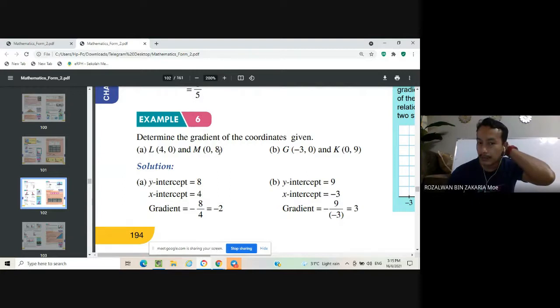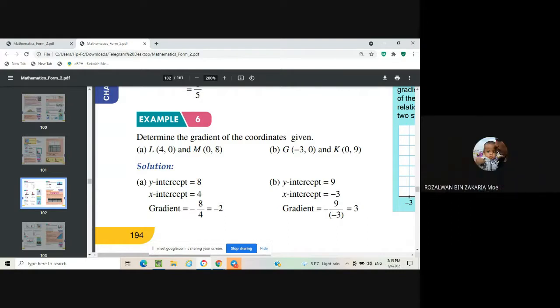To find the x-intercept, the value of y equals 0. So point L, the value of y is 0, so the x-intercept equals 4. Then the gradient equals negative y-intercept divided by x-intercept, so negative 8 divided by 4 equals minus 2. So the answer is minus 2.